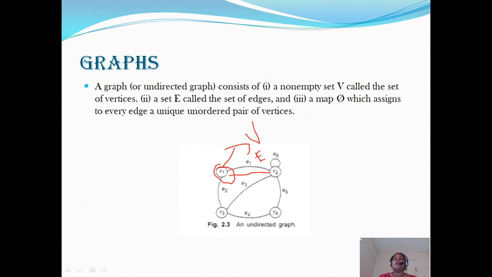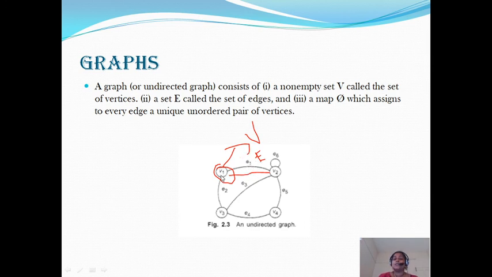So what is the necessary condition to be satisfied? Vertices must be non-empty, and it must consist of a set of edges and also a map. What do you mean by map? Map means this: V1 is connected to V2 by edge E1.